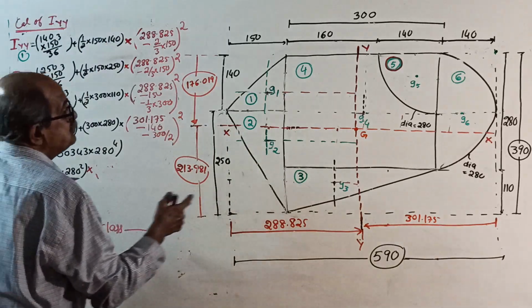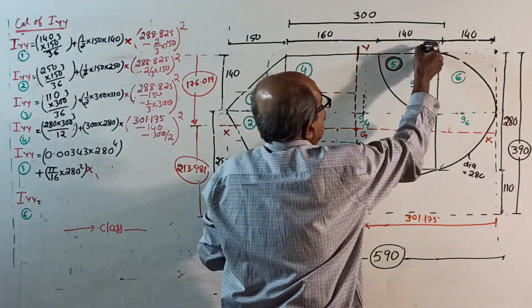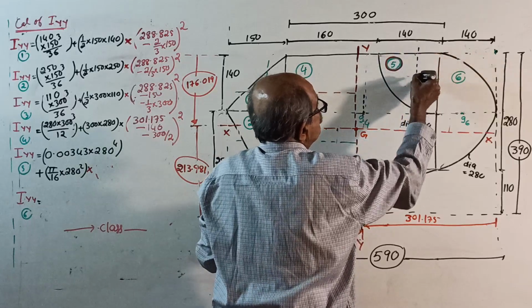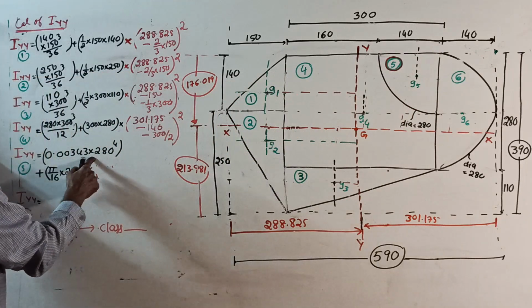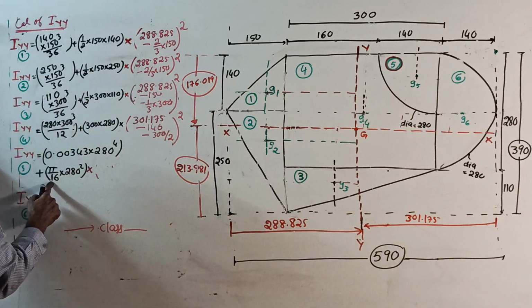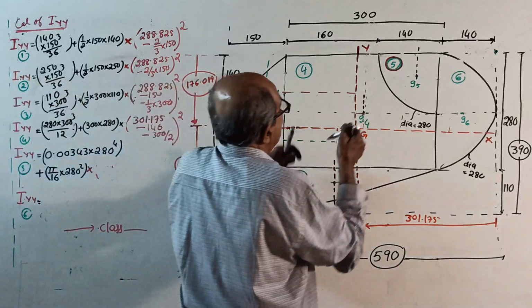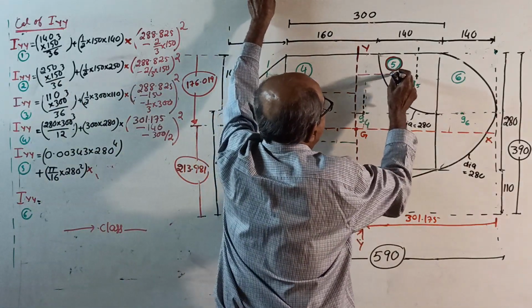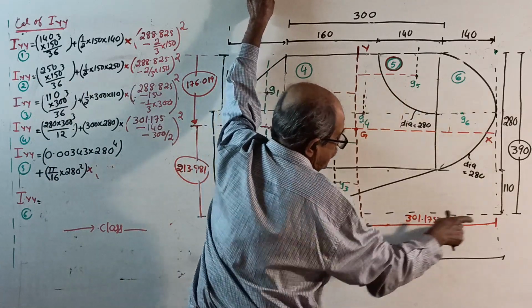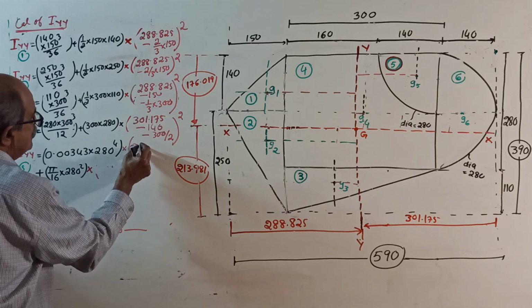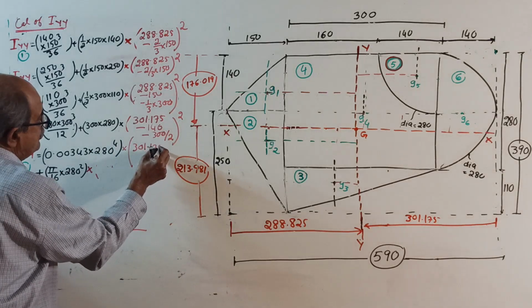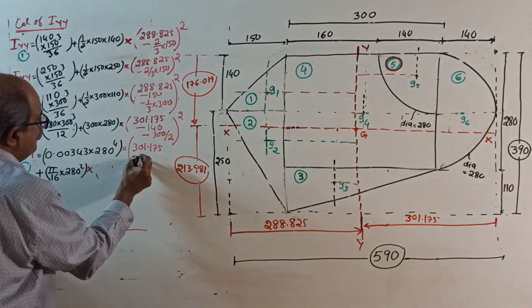Next, fifth one. I about its own axis here. See this one: 0.00343 diameter power 4, plus area into this distance squared. That is 301.175 into 301.175 minus 140.